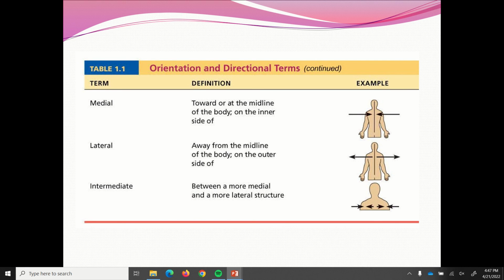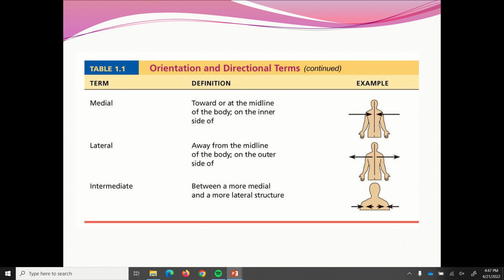Other terms include medial, lateral, and intermediate. Medial means toward the midline of the body. Kind of like driving on the road, you have a median, which runs down the center of the road. So it's the midline of the body. Lateral is the side, so it's away from the midline of the body.